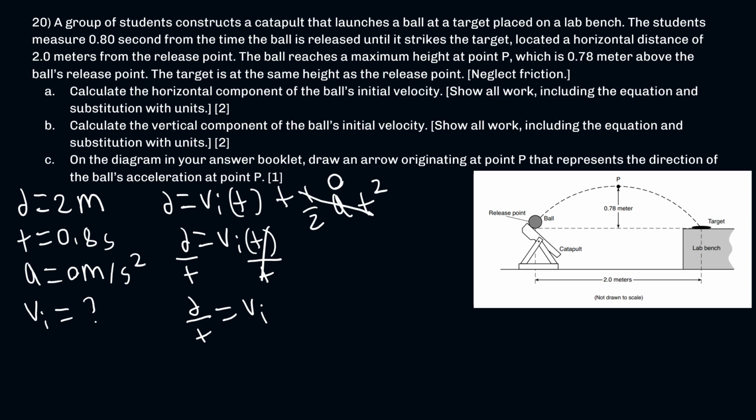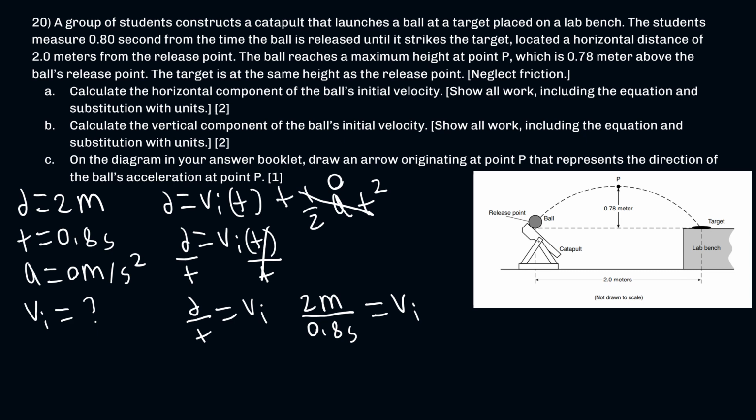Let's plug in. My displacement is 2 meters in the horizontal direction, my time is 0.8 seconds, and my initial velocity is VI, which is what I'm looking for.